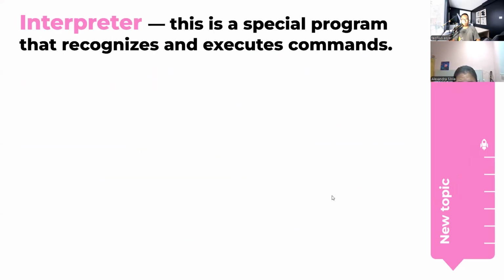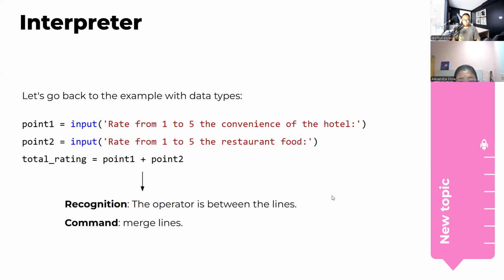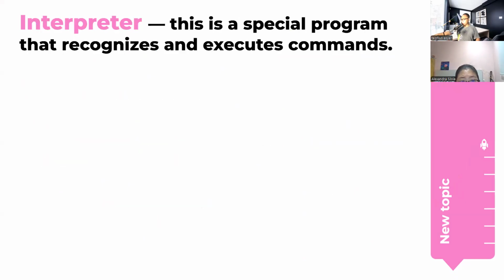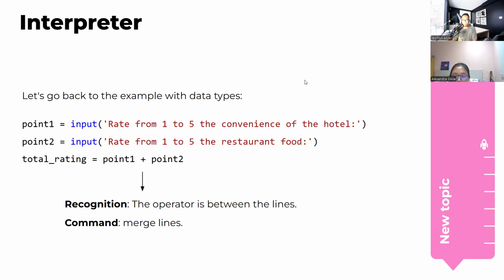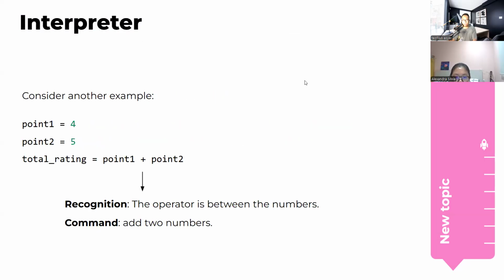Okay, so let's learn about the interpreter. The definition of an interpreter basically means a special program that recognizes and executes commands. Like any other interpreter, it's the same thing.